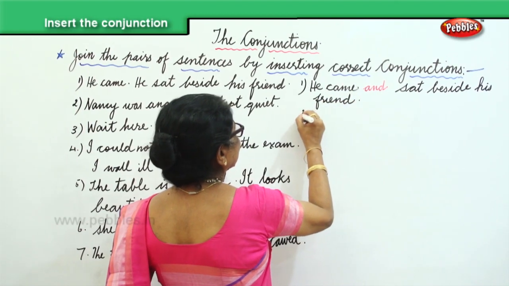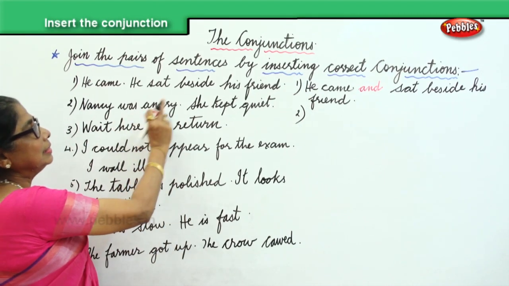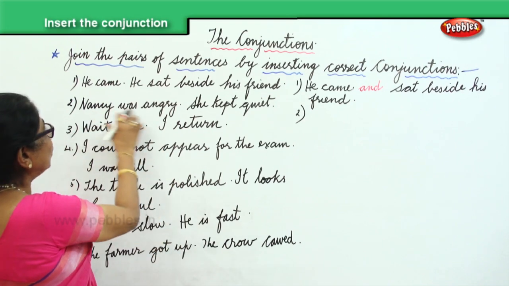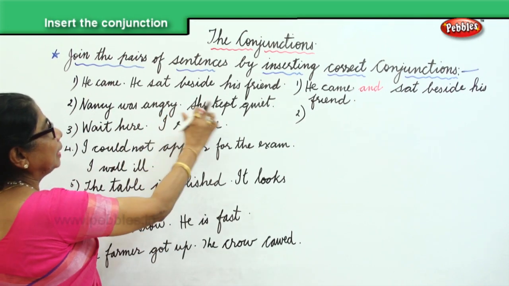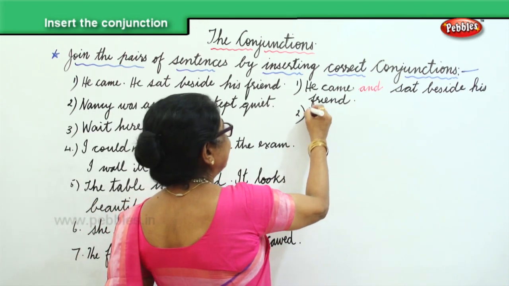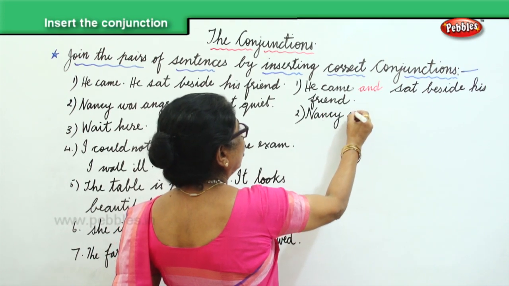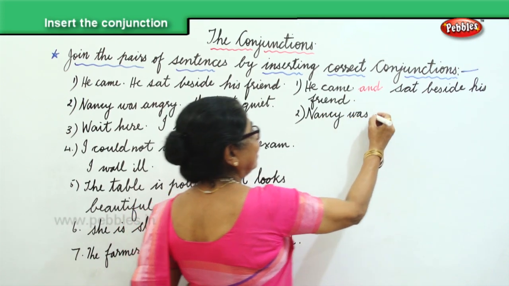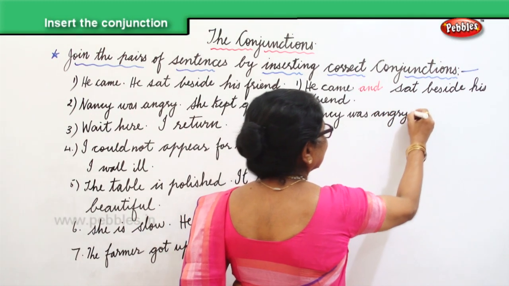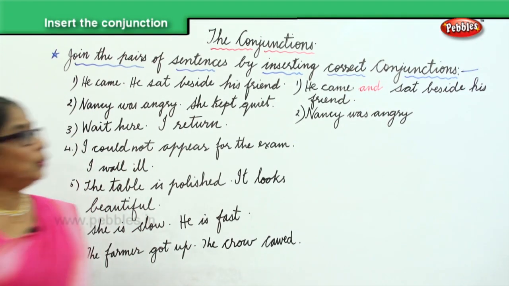That's the first one. And the second one. Nancy was angry. She kept quiet. So what will you say? Nancy was angry but kept quiet. What conjunction are we using here?